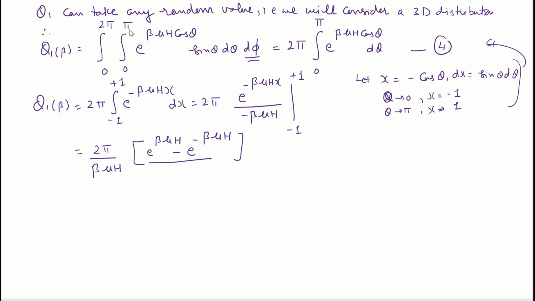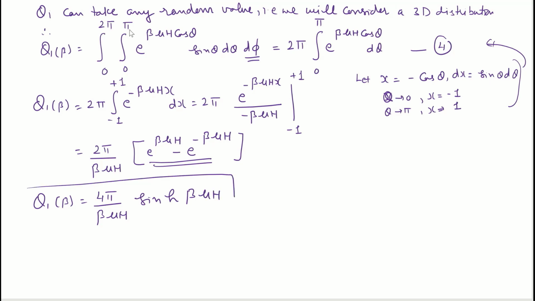This is basically equal to twice sine hyperbolic beta mu h, so we will have a factor of 2 outside, and the expression for q1 beta reduces to q1 beta equal to 4 pi upon beta mu h times sine hyperbolic beta mu h. So that's the expression for the partition function. Now we have determined the partition function for this system.